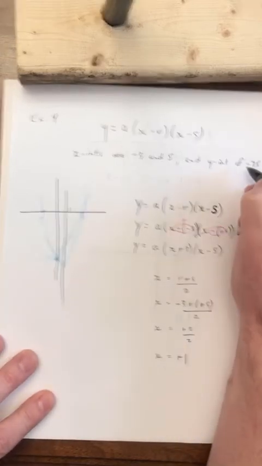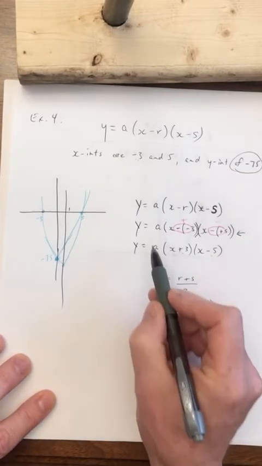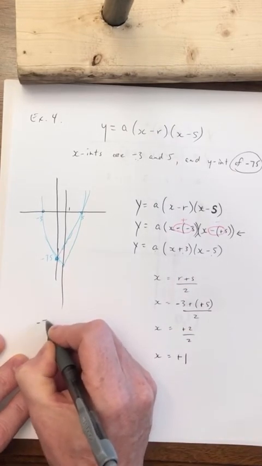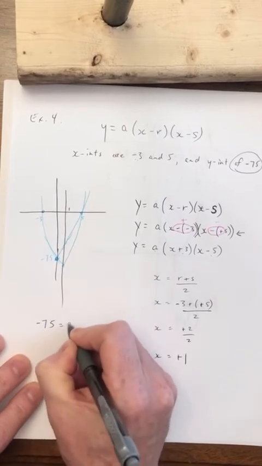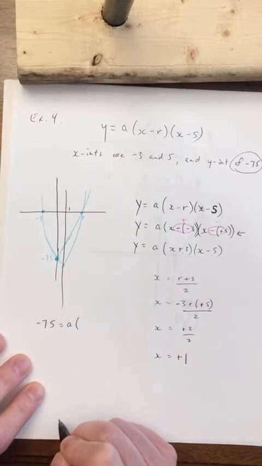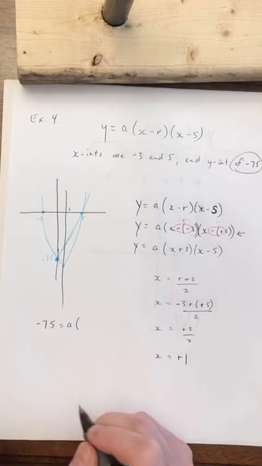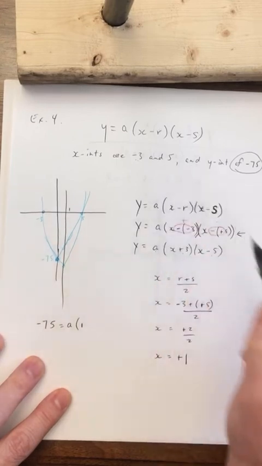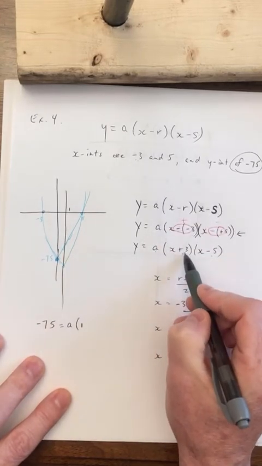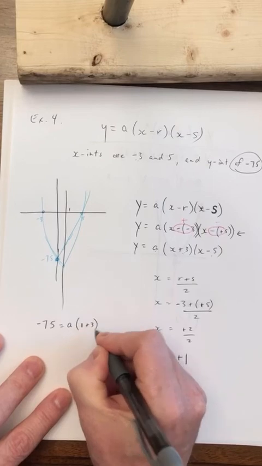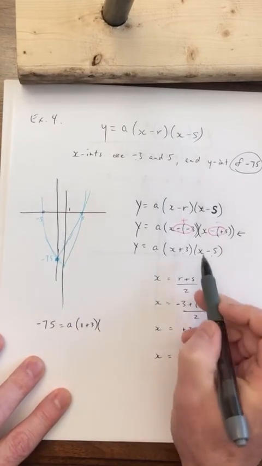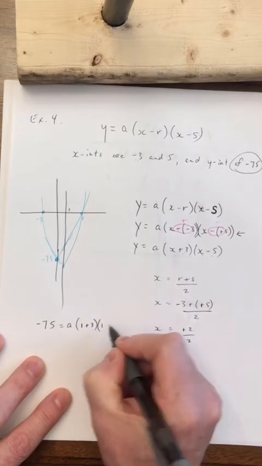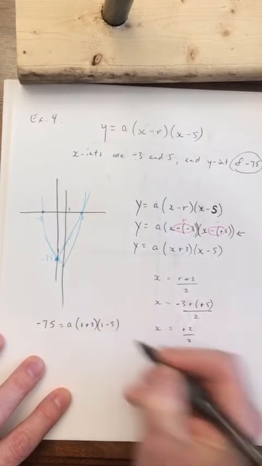Let's solve this. So we know we're crossing at -75, so I'm going to add that into our formula as well. So for y, we have a -75. And I'm going to sub in everything we have here. So 1 plus 3, and our x value is 1 minus 5.